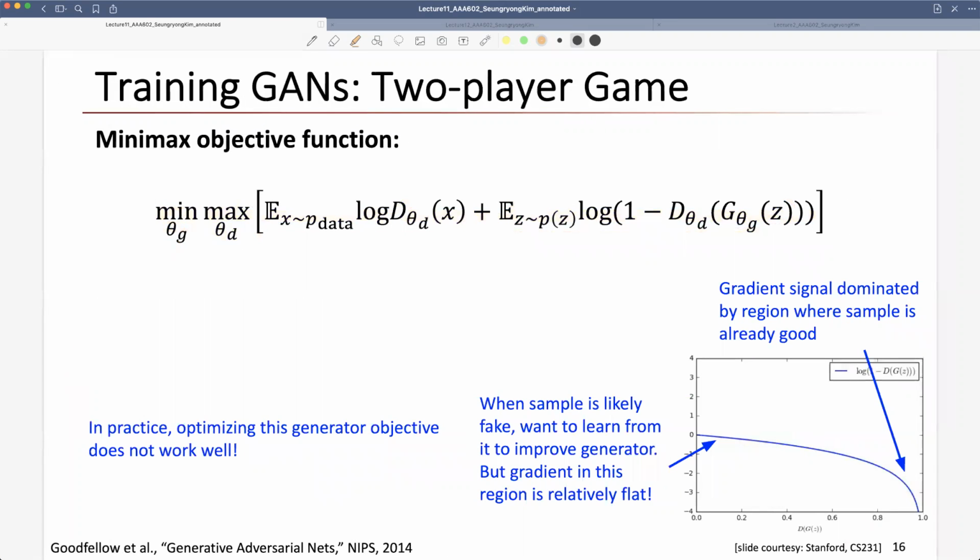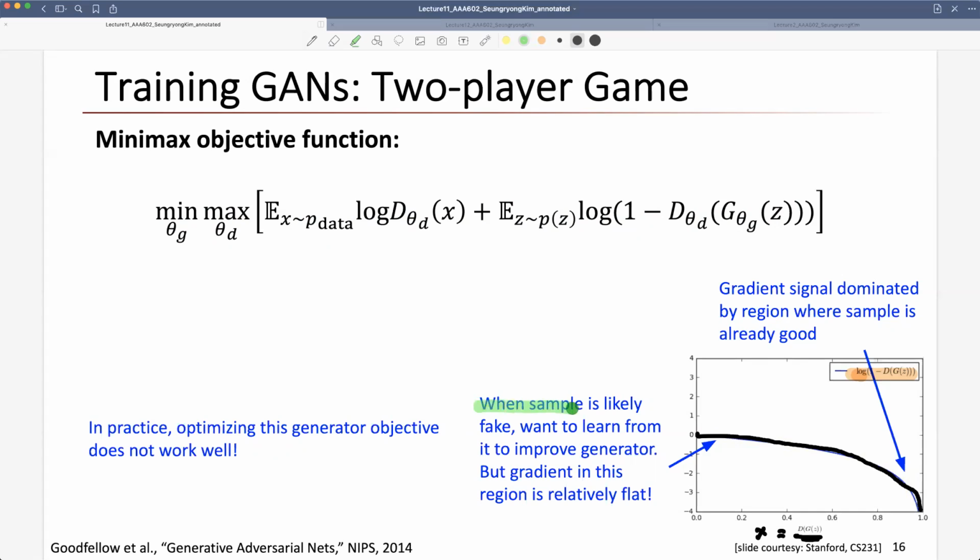If you think about log 1 minus x, the shape is going to look like this. 그러면 되겠죠? 이건 log 1 마이너스 x, 그러니까 여기를 x라고 치면, okay, if we set x equal to D of G of z, then our loss function should follow this one, right? But there's a limitation.